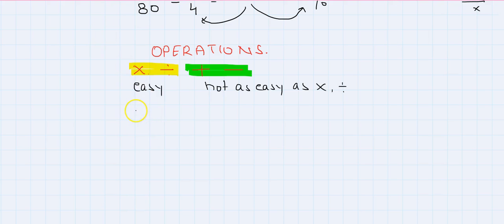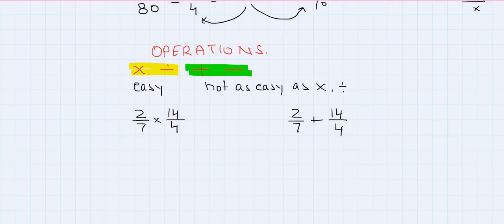If I have to multiply 2 over 7 multiply 14 over 4, or if I have to add 2 over 7 plus 14 over 4, although 14 over 4 can be written as 7 over 2.